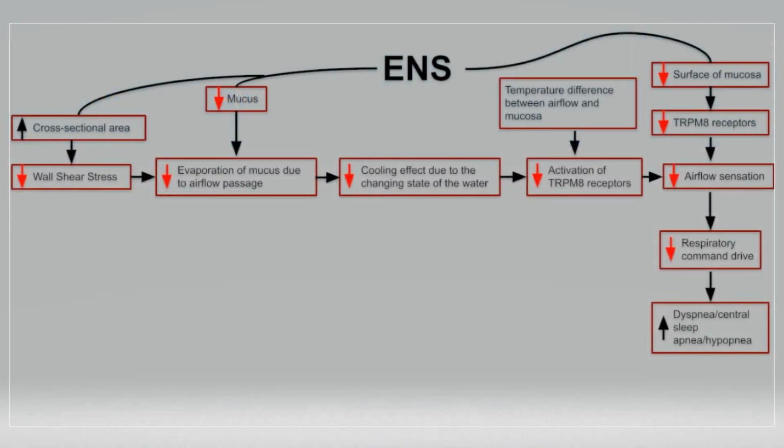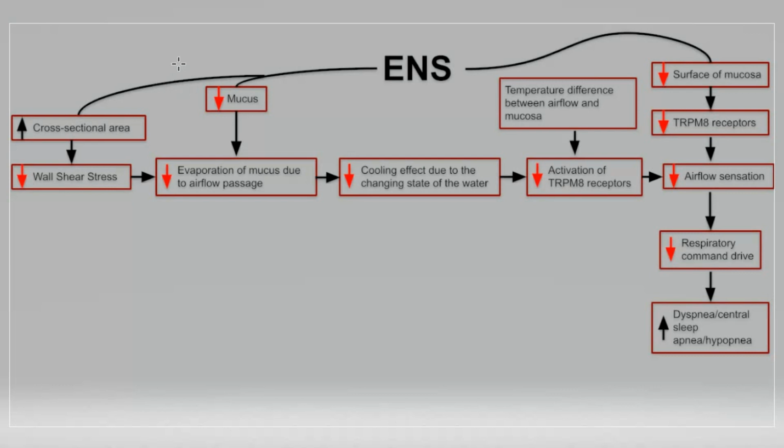I designed a little diagram to summarize the mechanism of empty nose syndrome. The increase of cross-sectional area decreases the wall shear stress. The mucus production is reduced due to the decrease of the mucosa surface and often an alteration of the health of the mucosa.